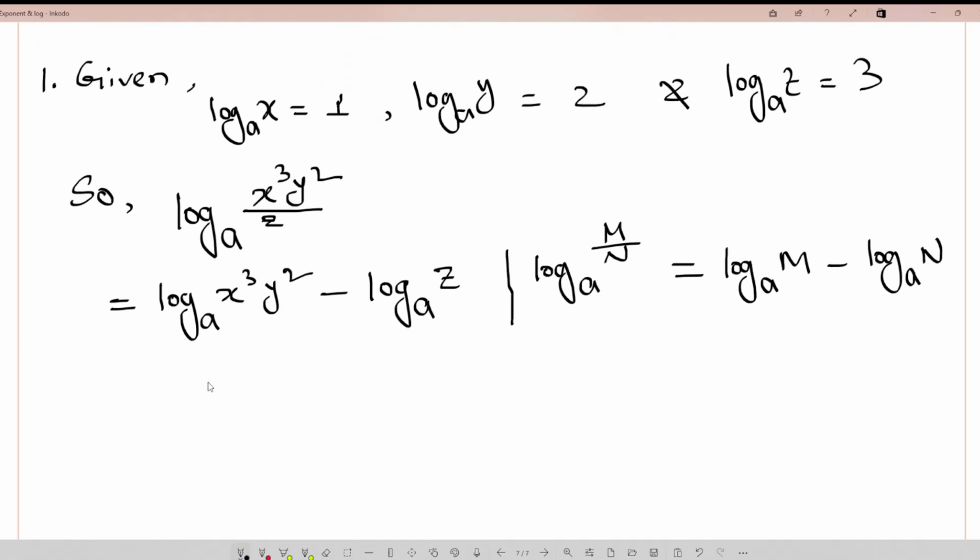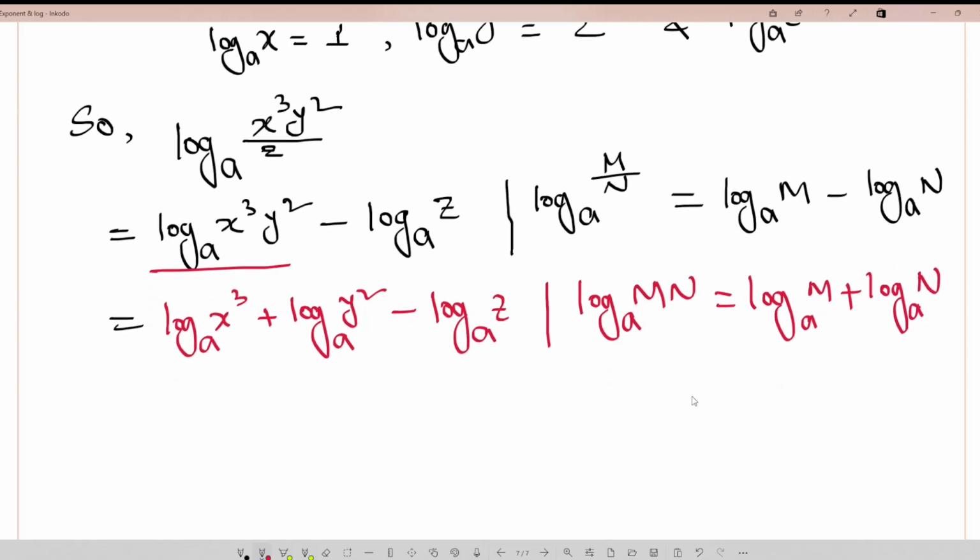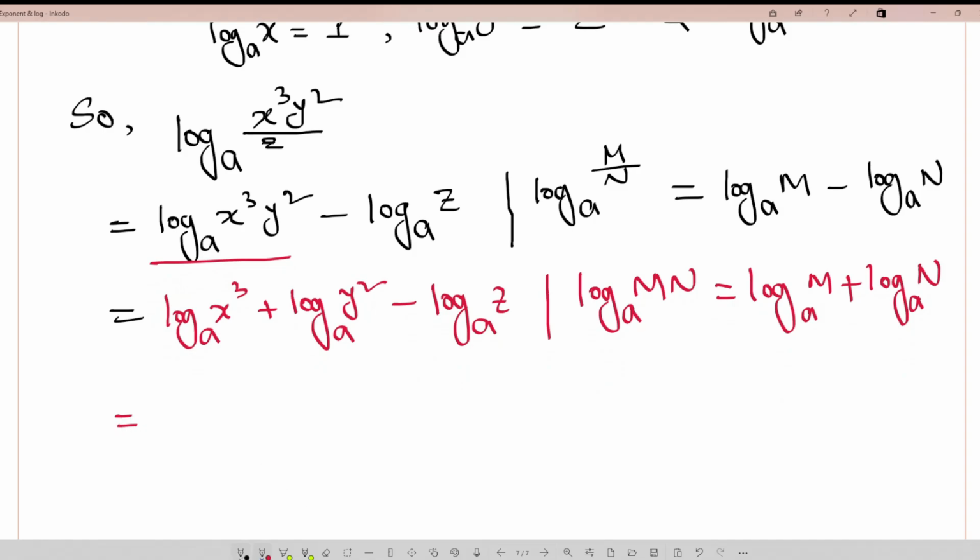Also, for this one we can write log a base x cubed plus log a base y squared minus log a base z. How? We also know log a base m n means log a base m plus log a base n, right?